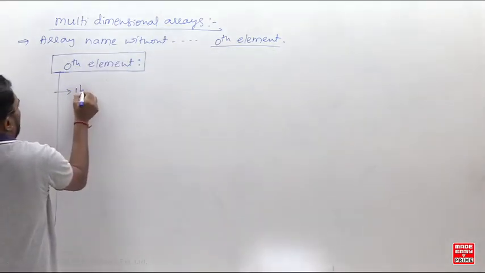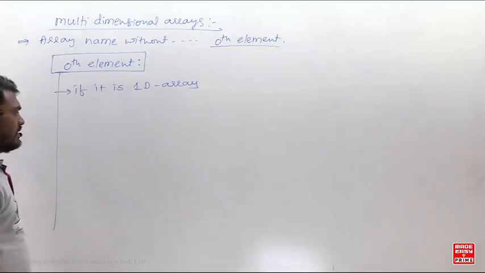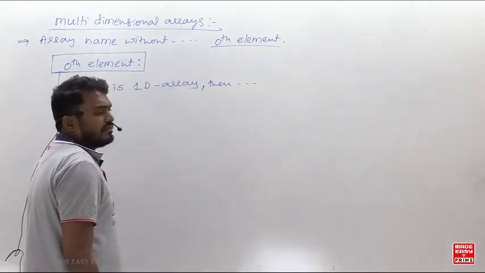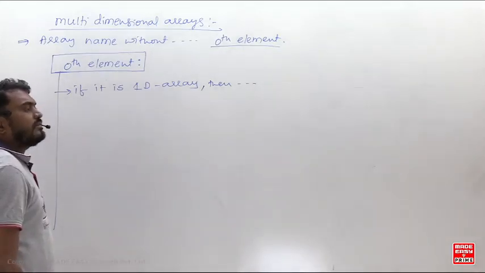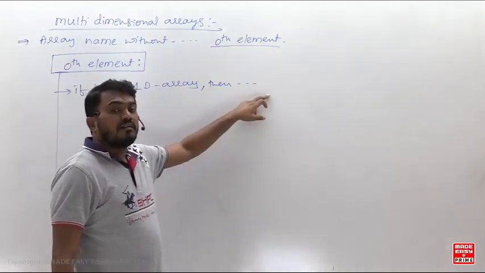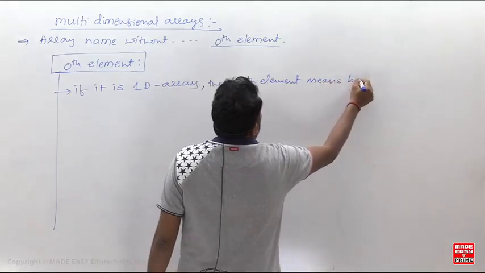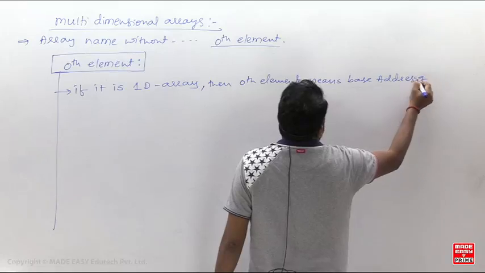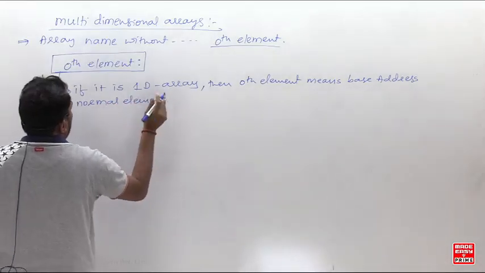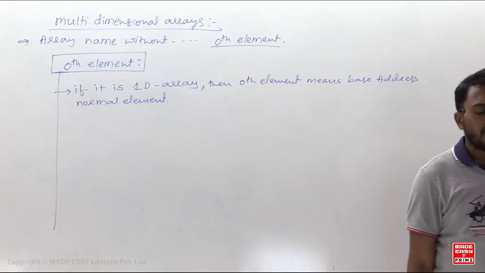Now note down the first one. If it is a 1D array, then zeroth element means the base address of the normal element.